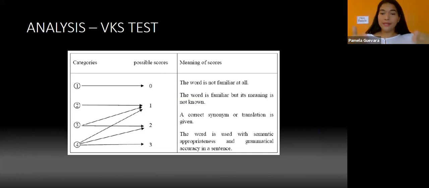So once the students took the test of each word, I had to score. When students did not know the word at all, the score was 0, and then according to each level, the grades or scores increased.